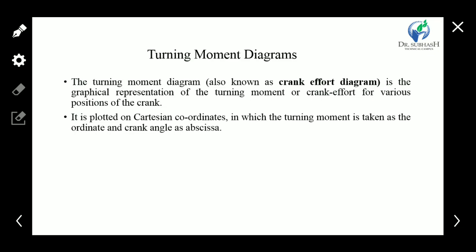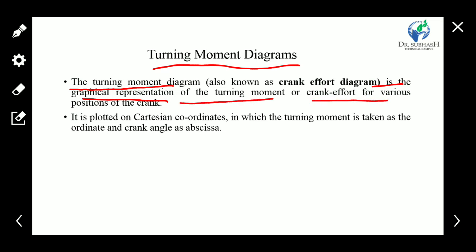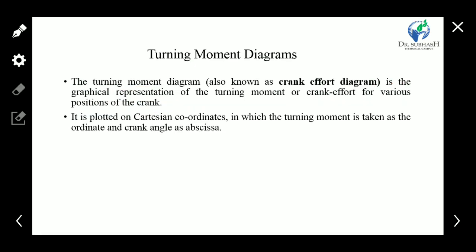First of all, what is the turning moment diagram? The turning moment diagram is the graphical representation of turning moment or crank effort for various positions of crank. In short, it is a graphical representation of positions of crank at different times.